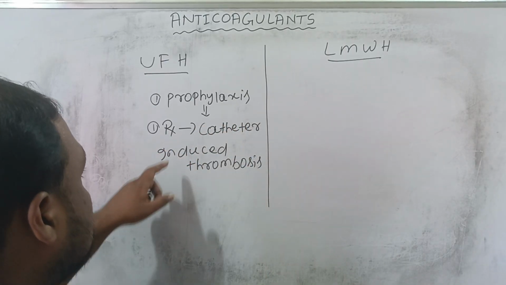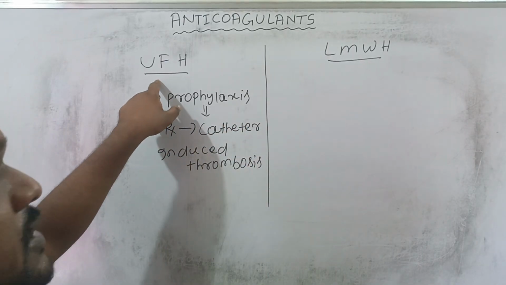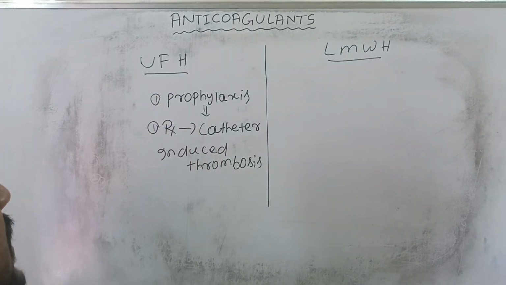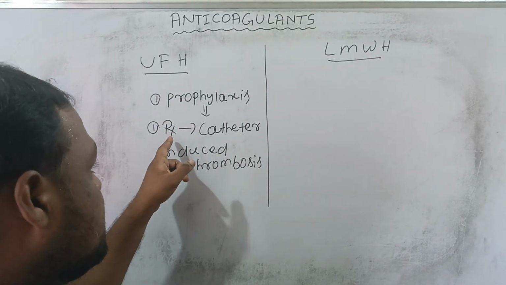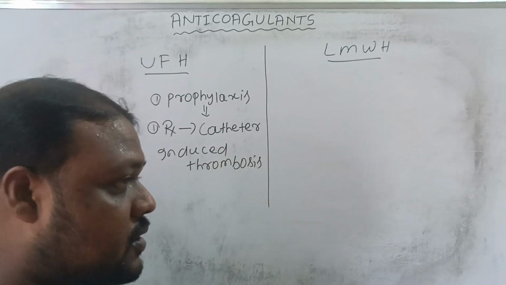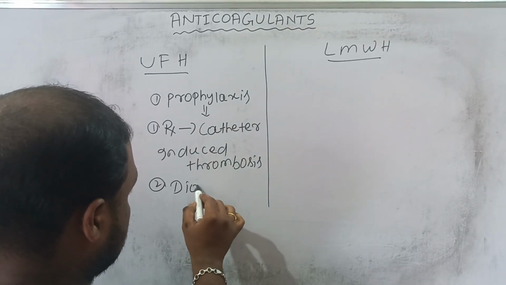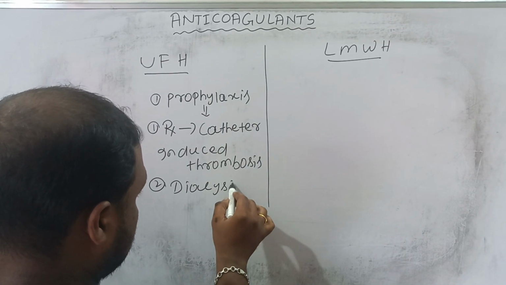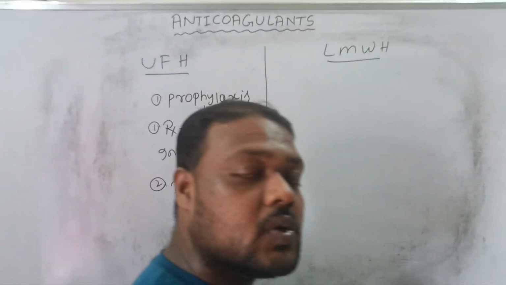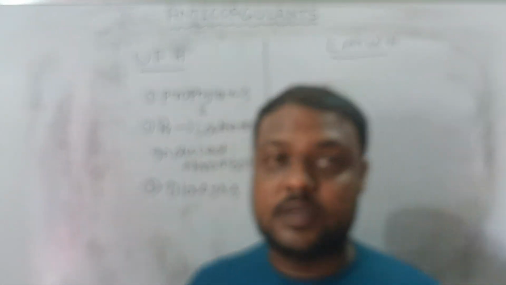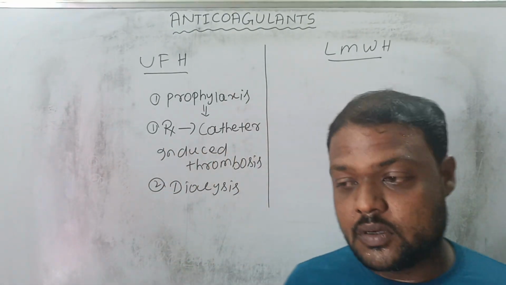The UFH is used as a prophylaxis, and it is used in the catheter-induced thrombosis, and second one is the dialysis. The UFH is also used in the dialysis.